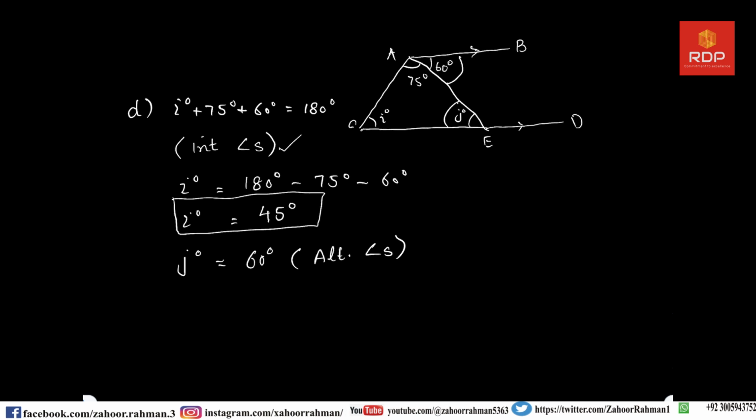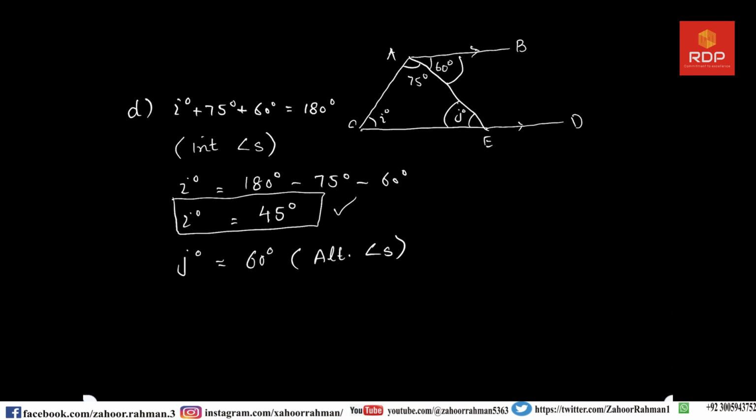And you know the sum of the interior angles is equal to 180 degrees. The rest is simple. I shifted 75 and 60 to the other side, subtracted 75 and 60 from 180, and as a result we got 45. So I degree is equal to 45 degrees.